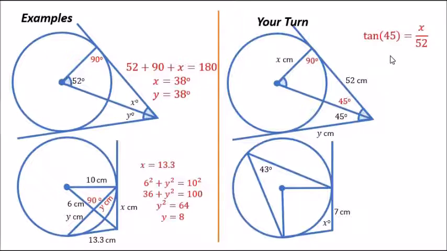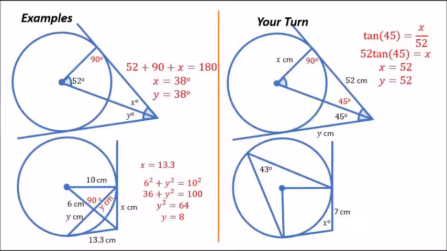Then, because this is a right angle triangle, we can use trigonometry. Tan 45 is opposite over adjacent, so tan 45 is x over 52. We can multiply by 52 to get 52 tan 45 is equal to x. As you can calculate, x is 52 because tan 45 is one of our exact values of trigonometry, which is 1. So x is 52.